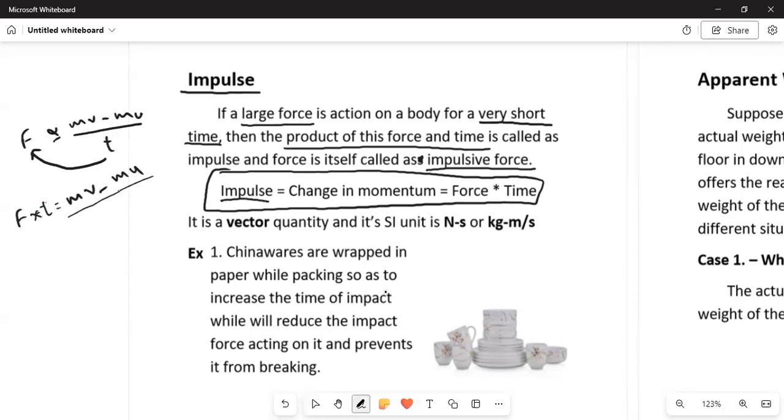Now as there is a force, we know that force is a vector quantity, force has a magnitude as well as direction, so the impulse will also be a vector quantity, and its SI unit is newton second or kg meters per second.